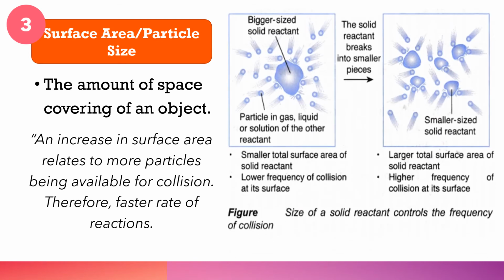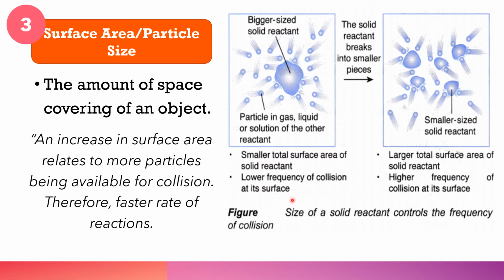So I have here a diagram showing the difference between a low surface area and high surface area. For this one, we have a bigger size solid reactant, with particles in gas, liquid, or solution of the other reactant. A smaller total surface area of solid reactant will have a lower frequency of collision at its surface.